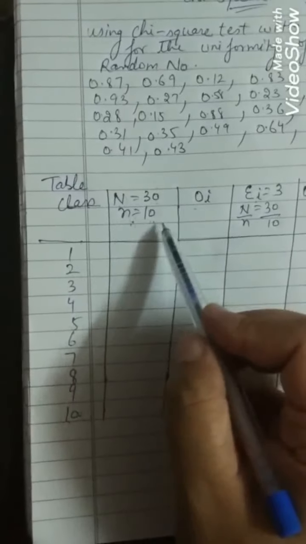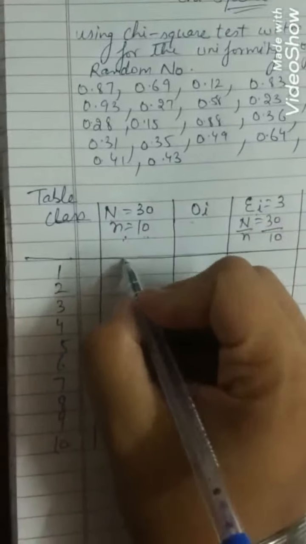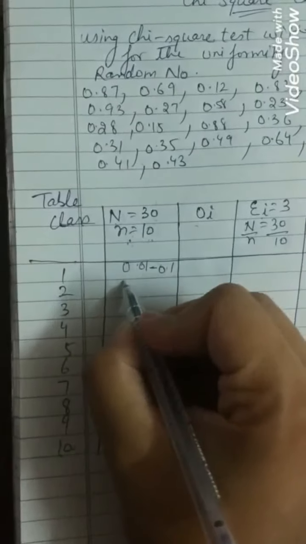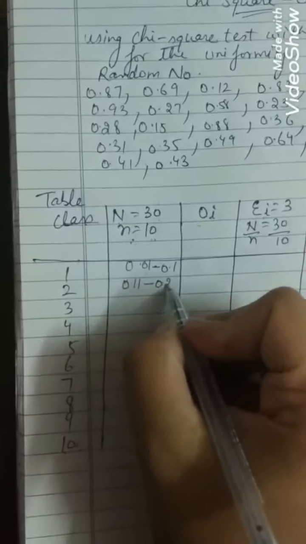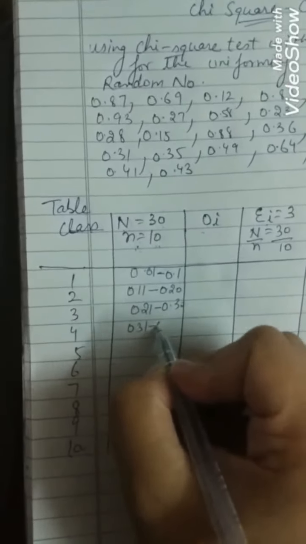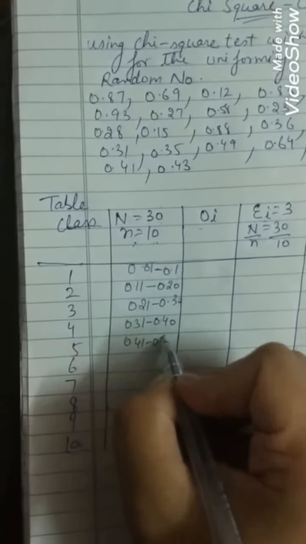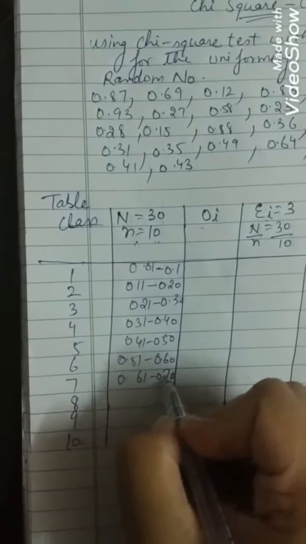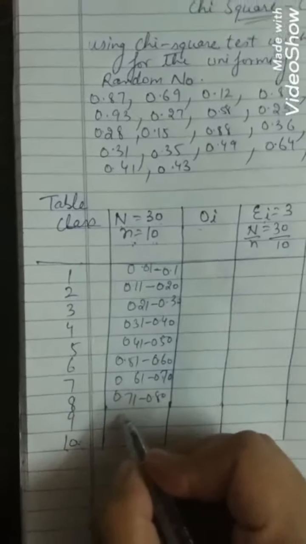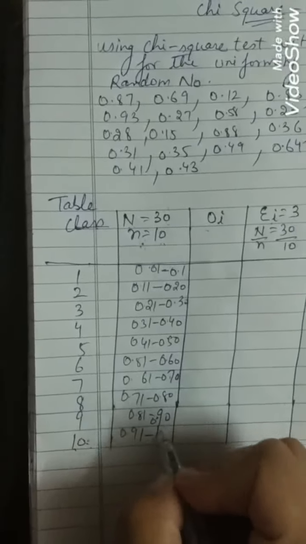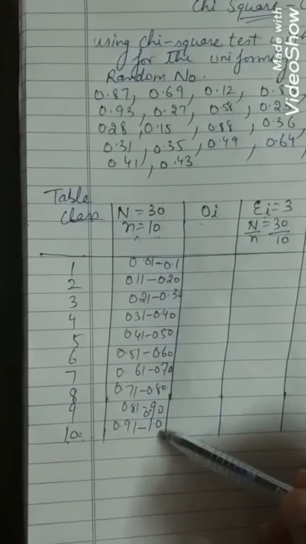Dividing into different ranges, we count the random numbers falling under each range. The ranges are 0.01 to 0.10, 0.11 to 0.20, 0.21 to 0.30, 0.31 to 0.40, 0.41 to 0.50, 0.51 to 0.60, 0.61 to 0.70, 0.71 to 0.80, 0.81 to 0.90, and 0.91 to 1.0. This is the specific range we define here.